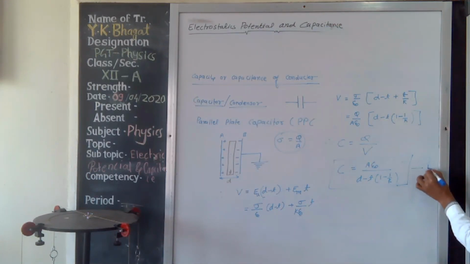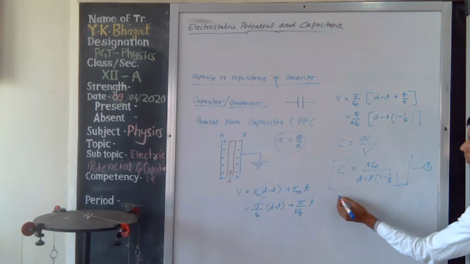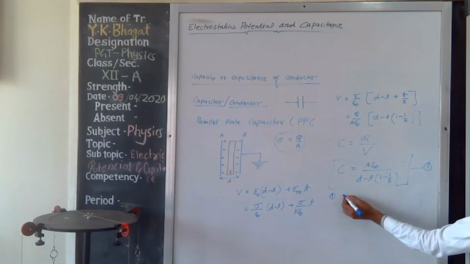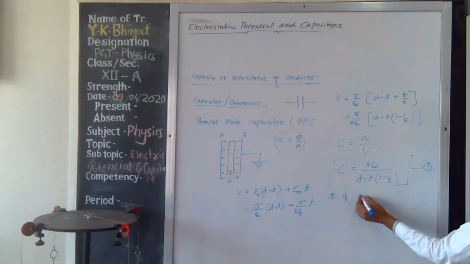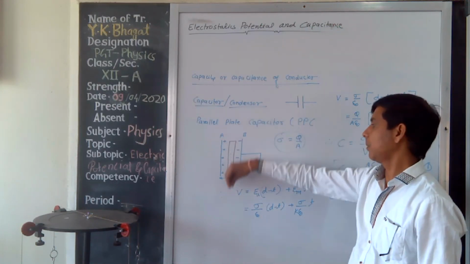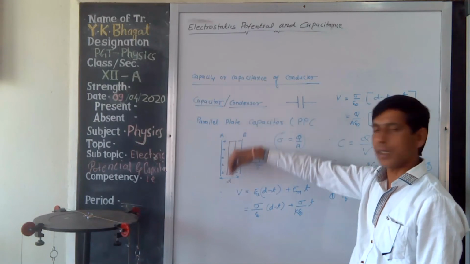In this equation, different cases should be solved. Case 1: if D equal to T, what happens when D equal to T? It means the whole gap is covered with dielectric media.